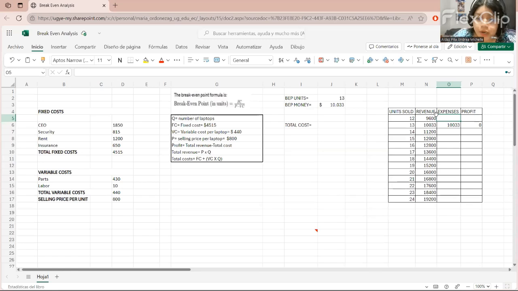Okay, for this part of the chart, we have the expenses. The formula says that it's equal to the total fixed cost.